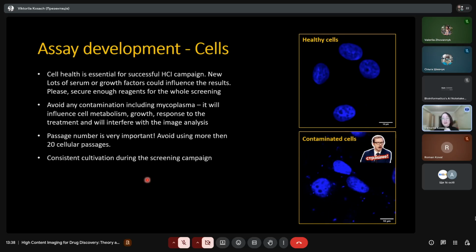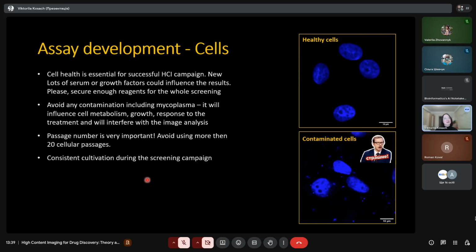So if you consider a large-scale experiment, you should be sure that you secure enough reagents, enough serum, for the whole experiment, so you are not changing your reagents during your experiment.